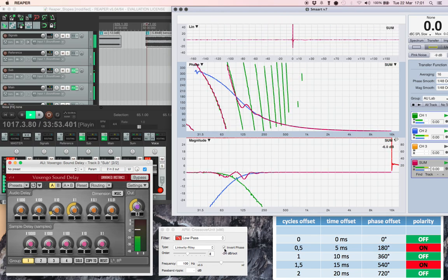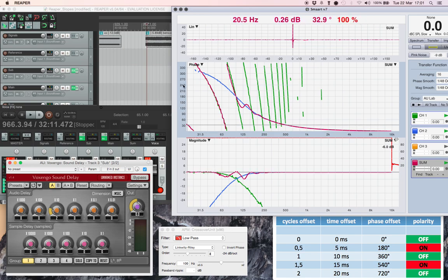And finally, we'll do the 2 cycle apart example, where we are in phase at 720 degrees, or 2 cycles out of time.